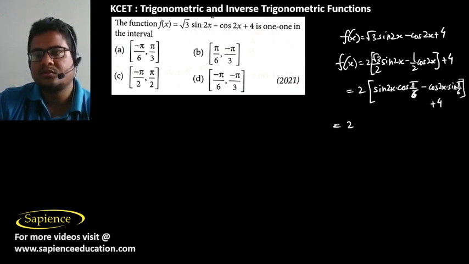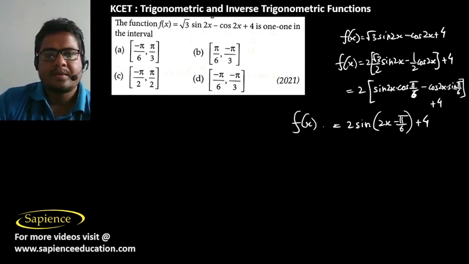So this can be written as 2 into sine(2x minus pi by 6) plus 4. So this is the function f of x. Now it is 11 in which interval?